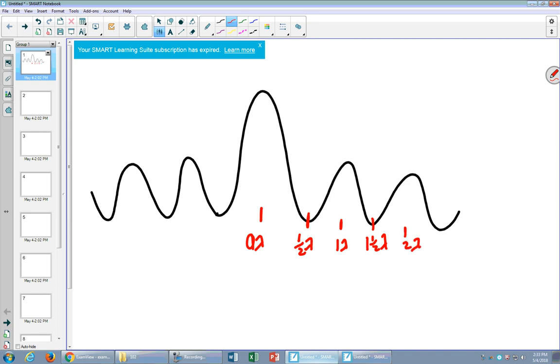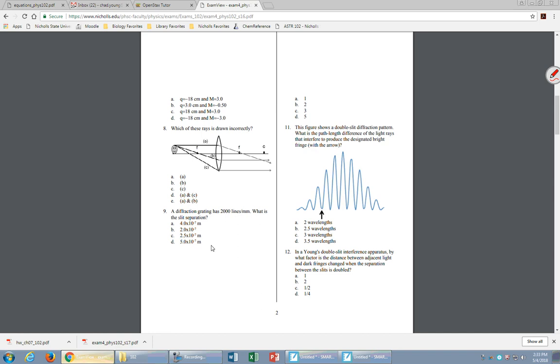And that's true whether you're looking at single slit, double slit, or diffraction gratings. It doesn't matter. It's still an interference pattern. And it's just comparing your path length difference, the difference that the 2 waves have traveled, to the wavelength of the light.